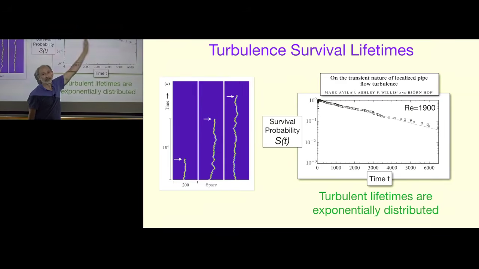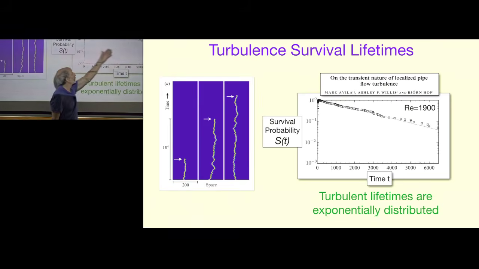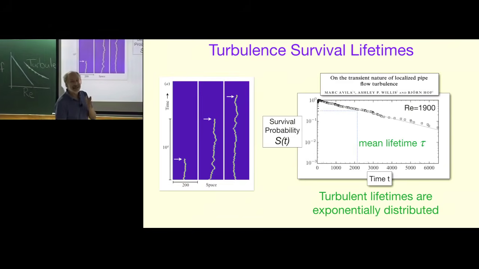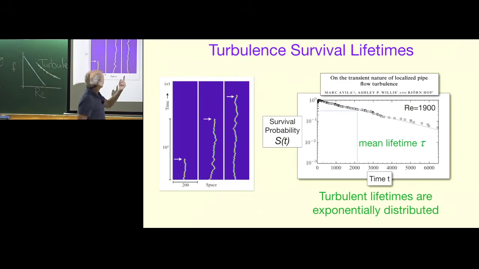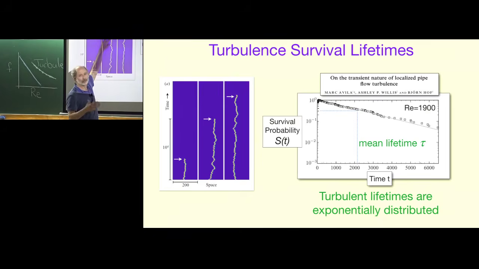What's the probability that it survives up to a given time, 2,000 time units? If you plot that from either experiments or numerical simulations on a logarithmic scale, you find they're exponential. So they occur just randomly, but along this exponential. What you can measure from this is a mean lifetime, and that is the sensible thing to measure. The life of this particular realization really doesn't mean anything.